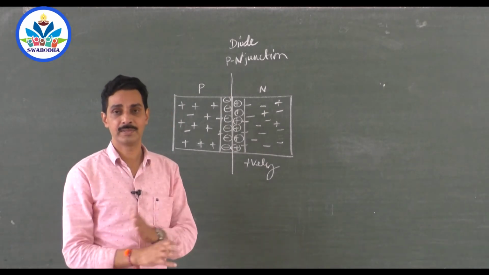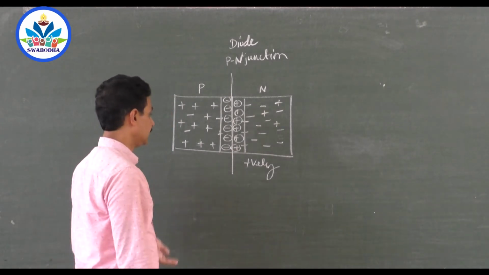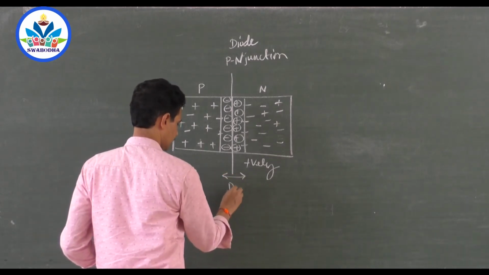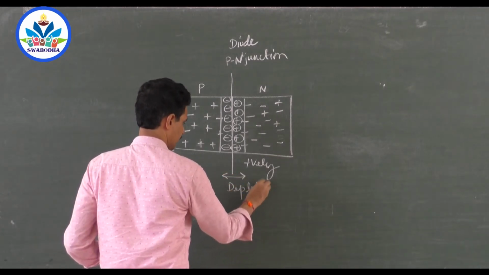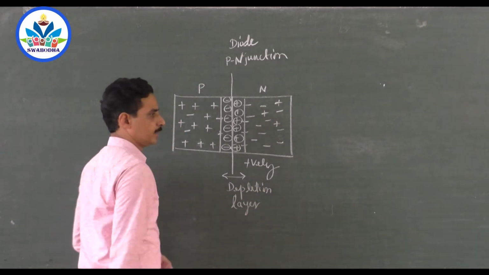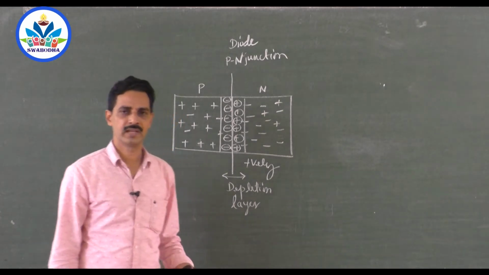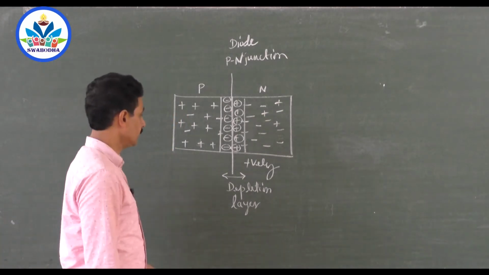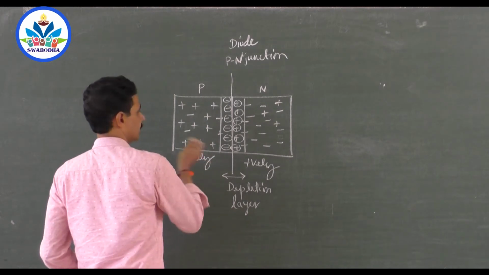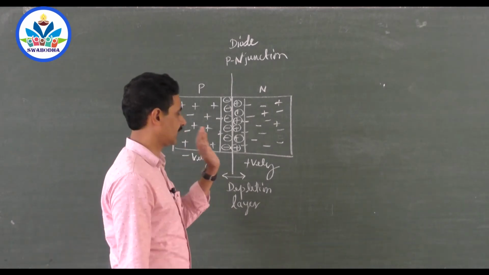That's why this region is called the depletion region, or depletion layer. The layer contains immobile ions because of the migration of electrons and holes across the junction. This develops a negative charge on the p side and a positive charge on the n side.